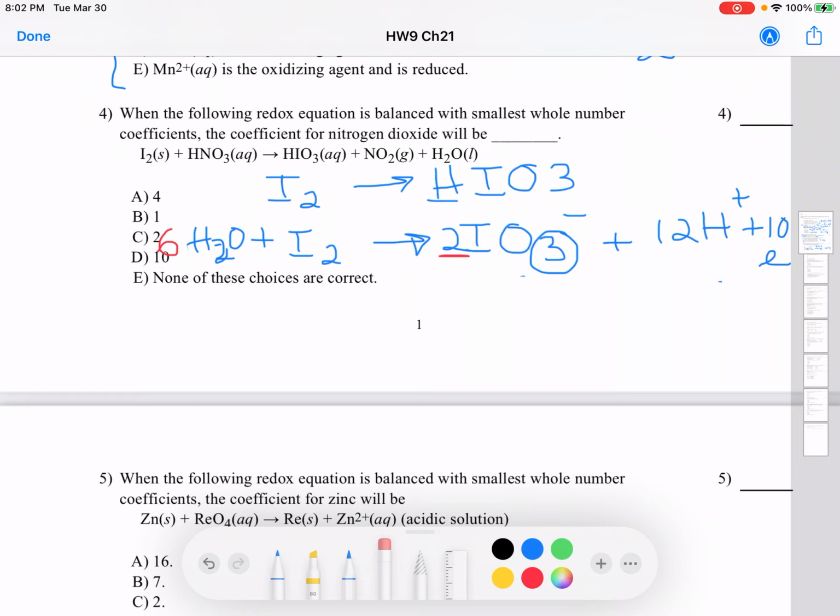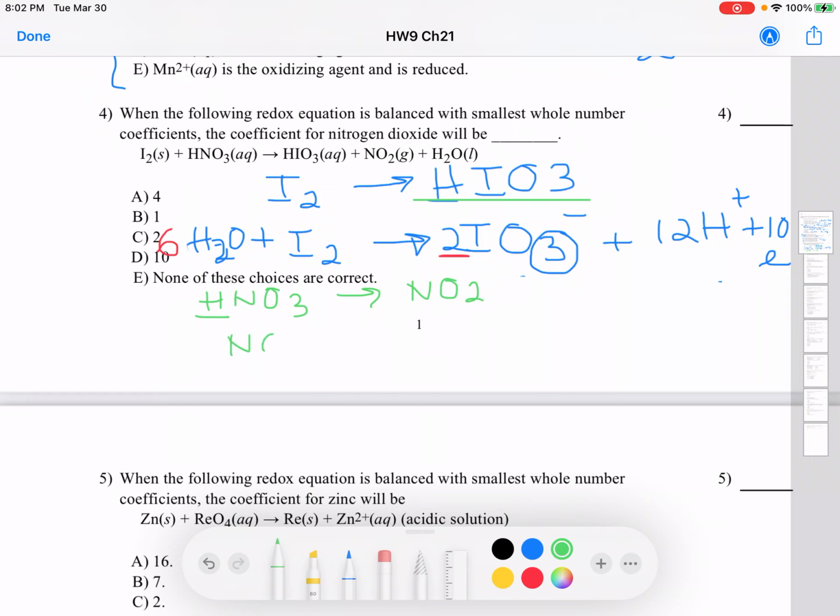We have to do the same thing for the other one. Now let's look at the other one. We have nitric acid, HNO3. HNO3 goes to NO2. Just like we did for HIO3, we're going to remove the hydrogen because it comes as the acid.